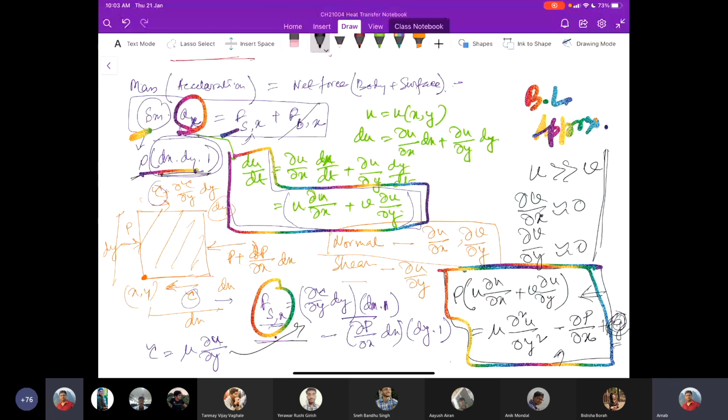That is why in the Navier-Stokes equation the body force term has the unit of force per unit volume. Am I clear? Yes, sir. Because we are dividing by dx dy, the volume of that infinitesimally small control volume, and it would appear here even if we do not neglect it.